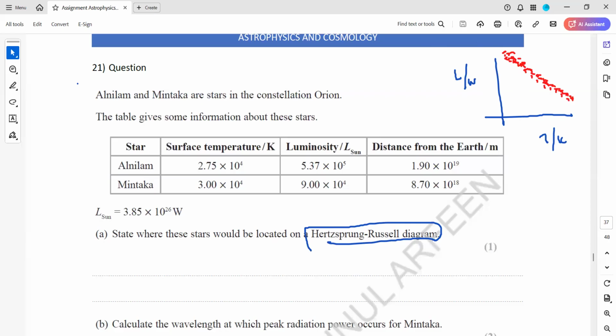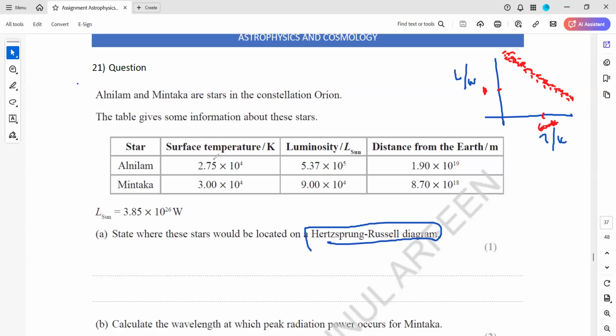If the temperature of a star is high, it will also have a high luminosity. And you can compare, because our sun has luminosity of about 1, and its temperature is around 6,000 Kelvin, the surface temperature we are talking about.